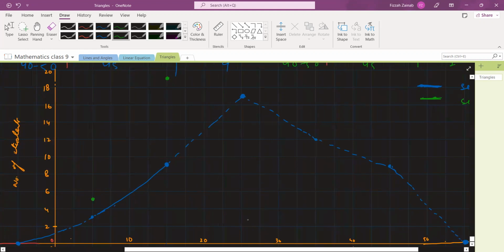Then 25, you have 15, which is here. 35 is 10, 10 is here. 45 is 1, that means here, right? Okay. So you will join it with the help of a scale with dotted lines.